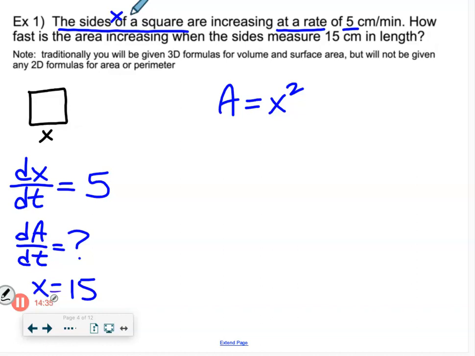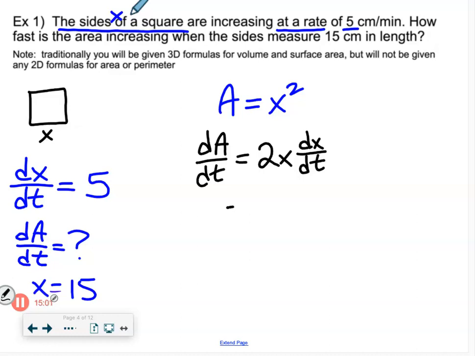What's the derivative of A? dA/dt. What's the derivative of x squared? 2x dx/dt. See how good you're getting at implicit differentiation? Did you get it? Then you're good at it, right? All right, good.